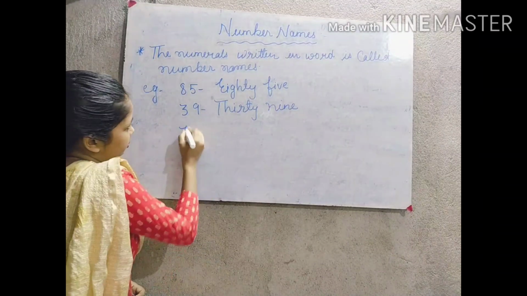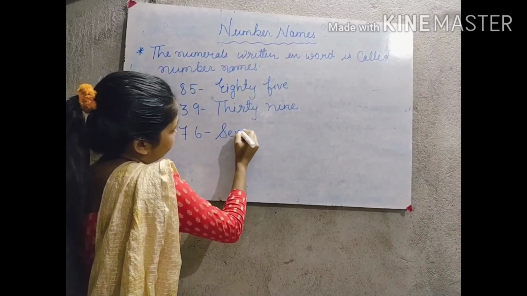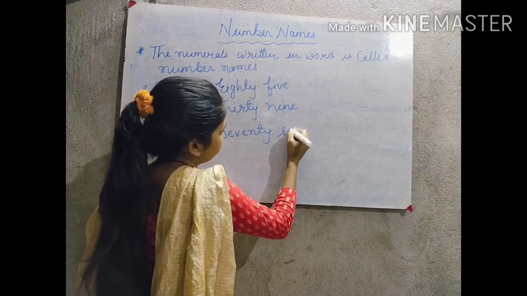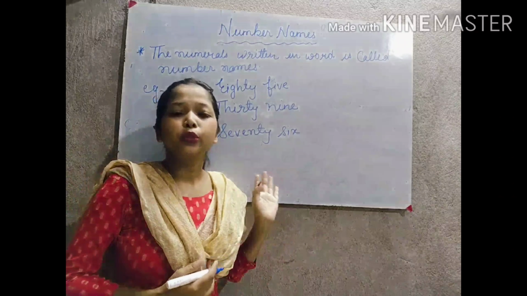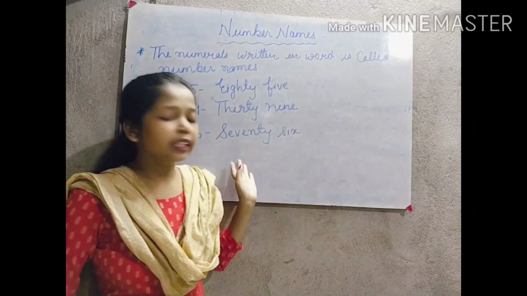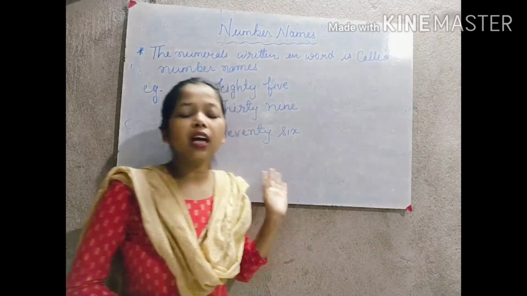And the last one, 76. SEVENTY SIX. So children, these are the examples of 2-digit numbers which you have studied in class 1.